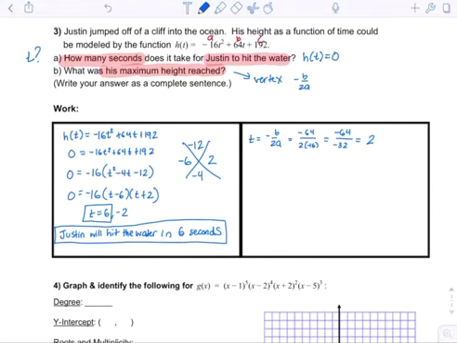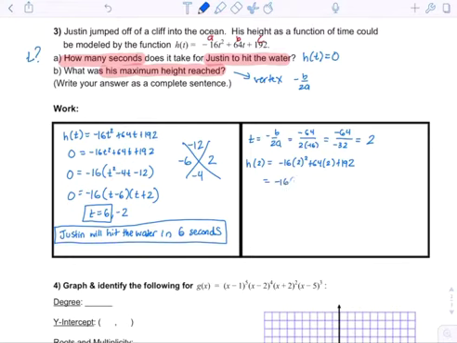Now we're going to substitute that into the original equation. So negative 16 times 2 squared, plus 64 times 2 plus 192.